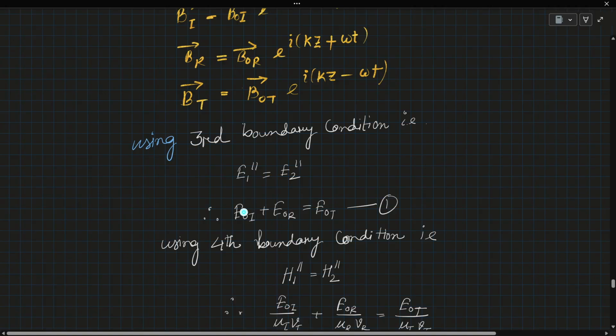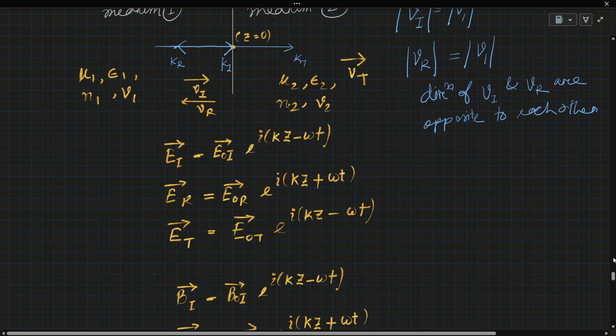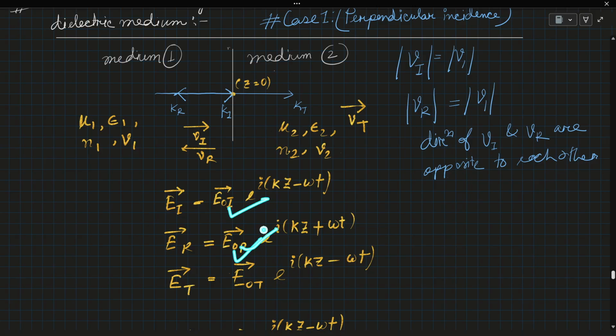Using the third boundary condition, we can write E1 parallel equals E2 parallel. But as you can see, there are two electric fields in medium 1, one of the incident wave and one of the reflected wave, and in medium 2 there is only one electric field, which is of the transmitted wave.